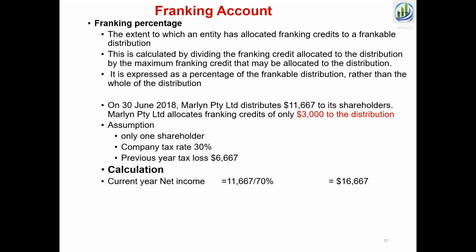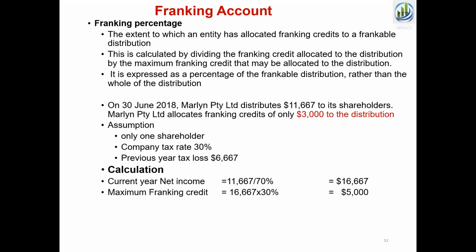Now you calculate your franking credit: 30%, we use the word maximum franking credit, you will get $5,000, because you reverse engineer. You go back and work out how much the income was. So 16,667 you include as assessable dividend income, and 5,000 is your franking credit that will be taken out, right?